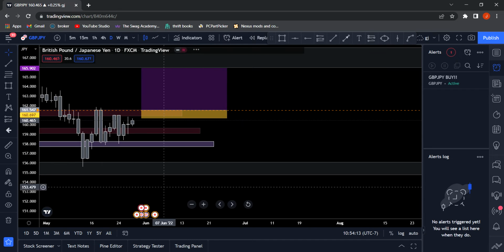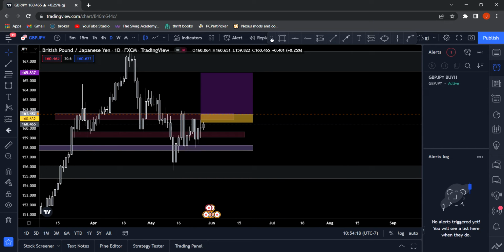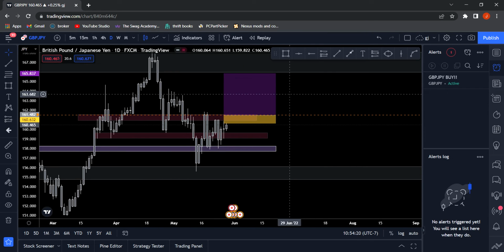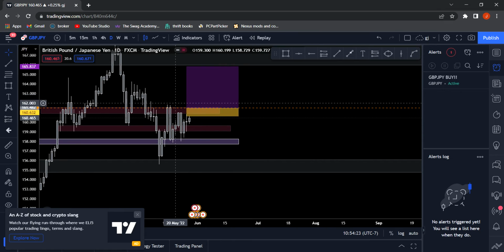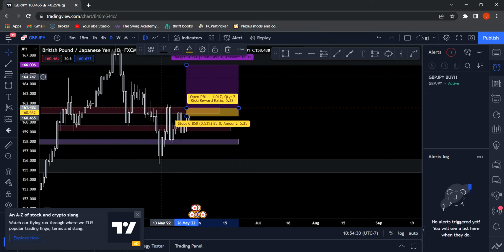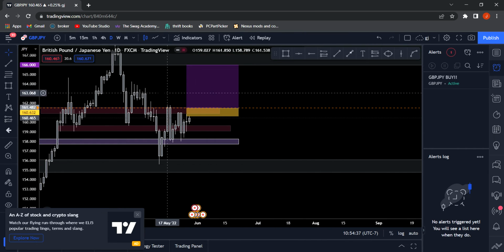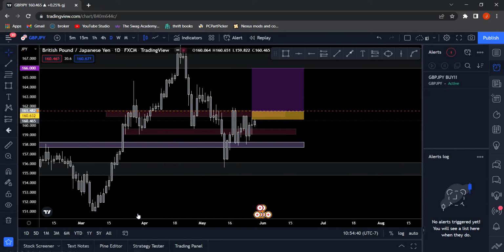So I'm dropping down to the daily time frame. You can already see right here I have my prediction that price is going to break this weekly resistance and buy up to 166 flat. Of course, I swing trade, so I stopped looking at the 4 hour time frame.